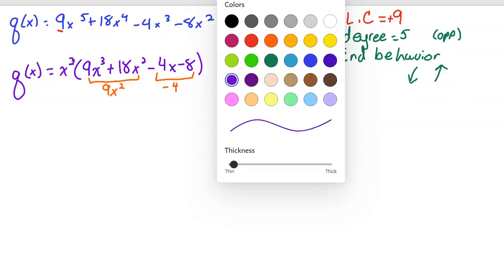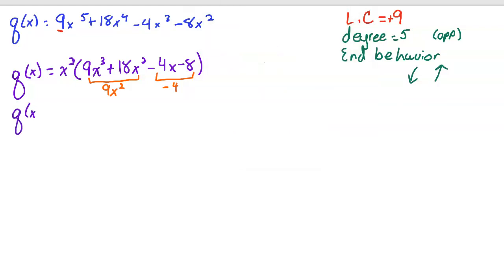That will give me that q of x is equal to, don't forget that x squared at the front, I'm taking that 9x squared out. So if I take a 9x squared out, that will leave me with an x plus 2. Take a negative 4 out, that will leave me with just an x plus 2.